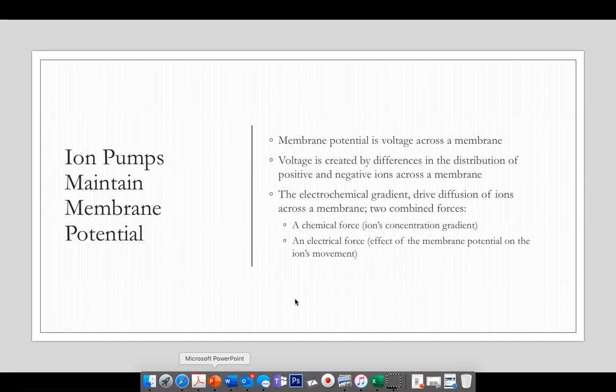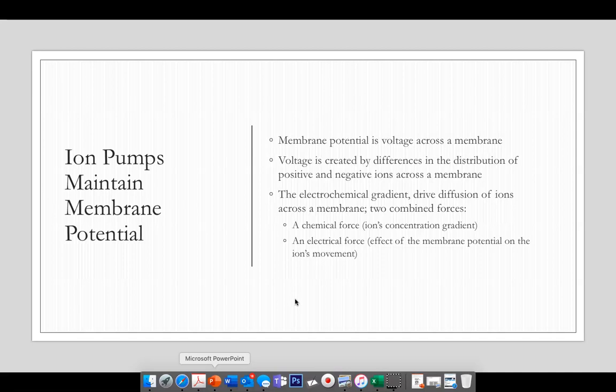Ion pumps are used to maintain membrane potential. And when we think about membrane potential, and this is going to become very important when we start talking about photosynthesis and cellular respiration, membrane potential is the voltage across a membrane. And the voltage is created by the concentration of ions.